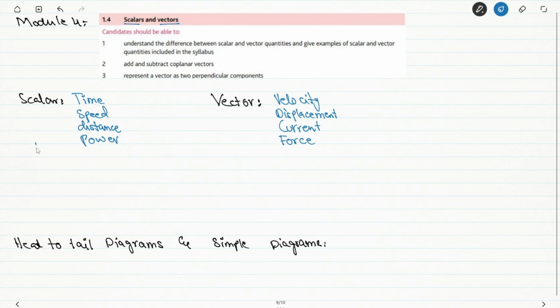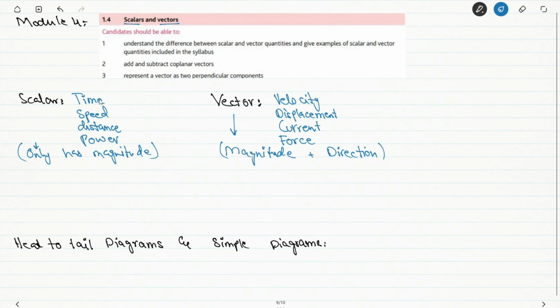So a scalar is something that only has magnitude, and vectors are magnitude plus a direction. So they are applied at a specific direction, and we need to consider those directions when solving problems which involve vectors. So first, let's discuss the easy ones, scalars.